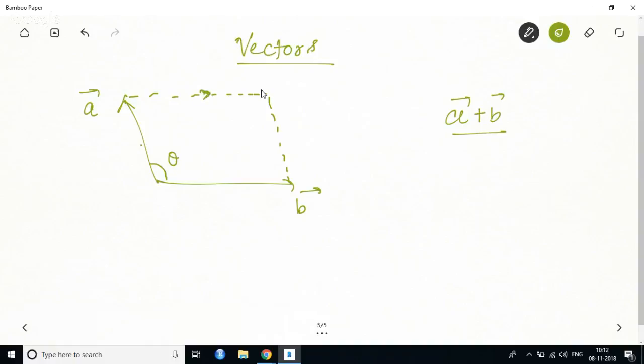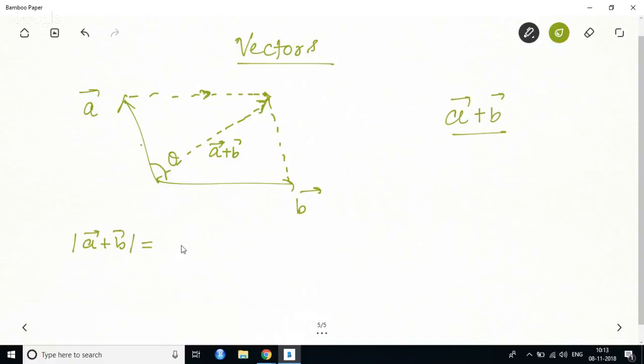This line is parallel to vector B and this line is parallel to vector A, and the diagonal of it would give me vector A plus vector B. What would be the magnitude?